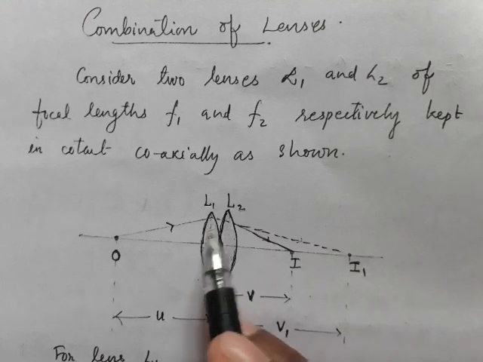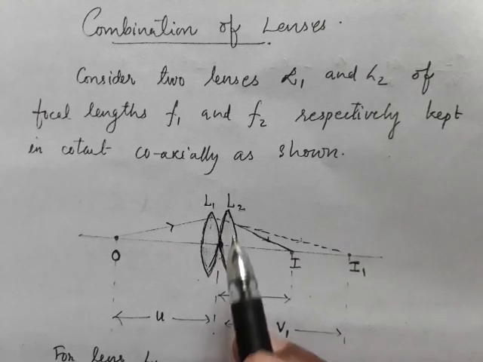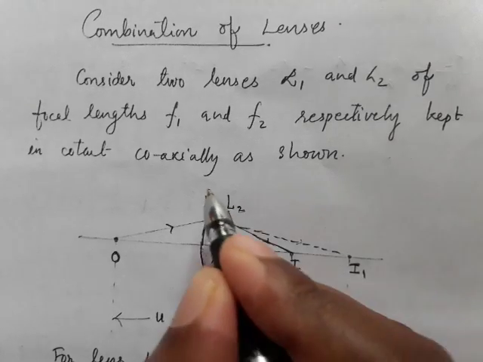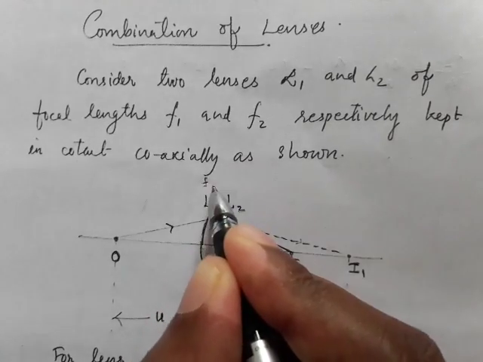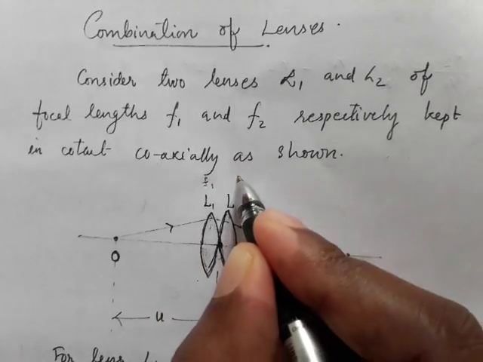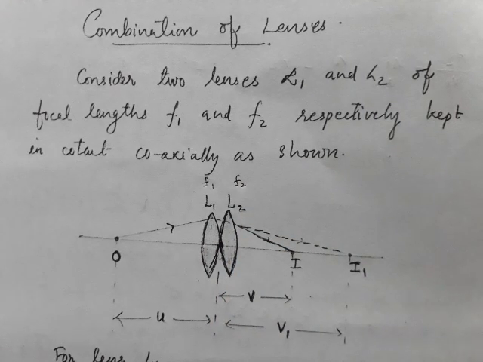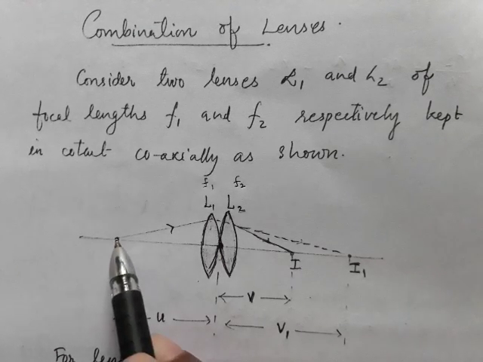So these two lenses having different focal length f1 and f2, the two lenses L1 and L2 having focal length f1 and f2, we keep together, and an object is here.